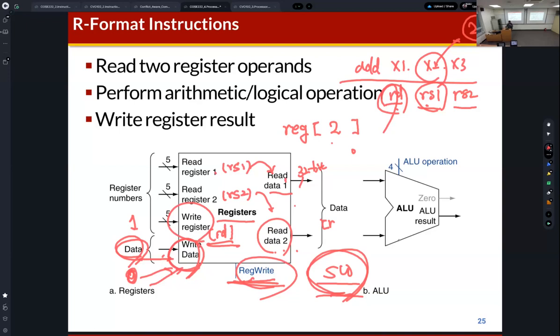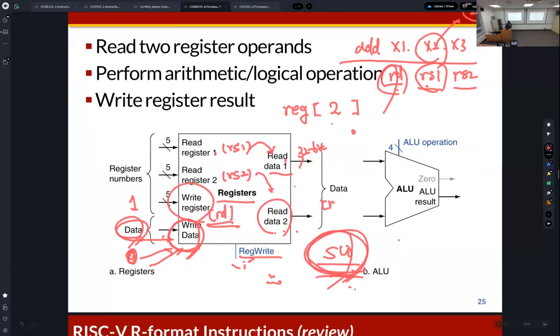Okay, so we need to avoid this situation. So that's why register file has the read write control signal, because some instructions do not require register write. Okay, so register write is controlled by the control signal. Okay, so this is the register file.